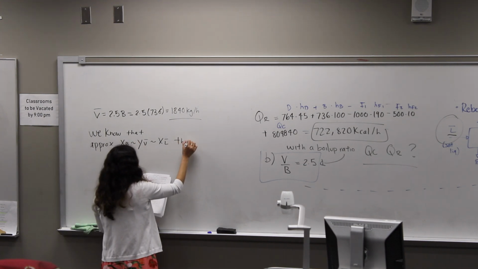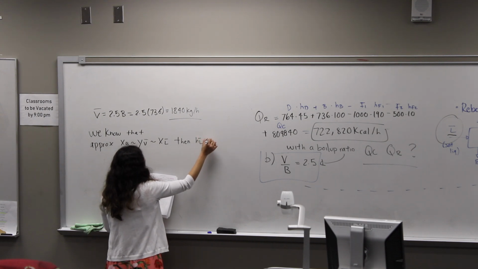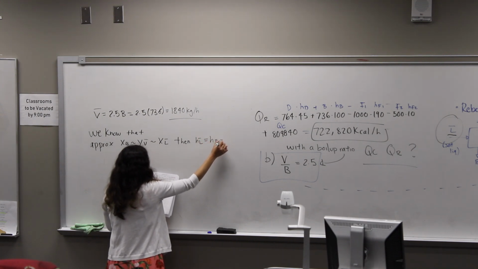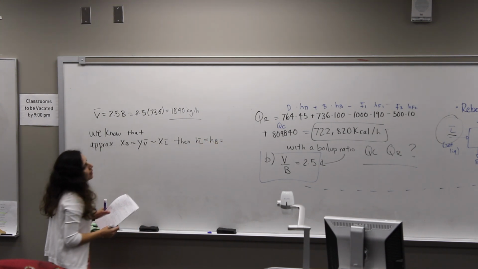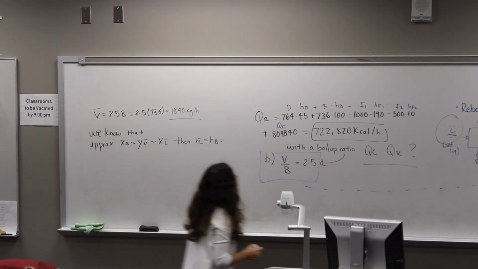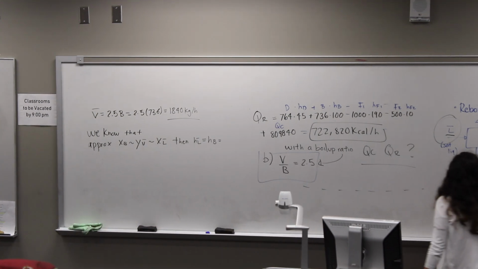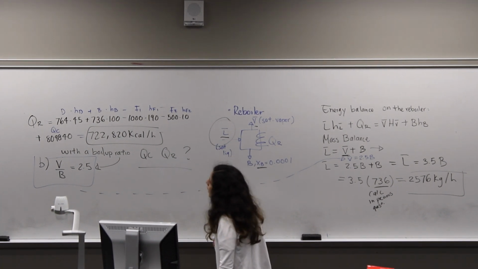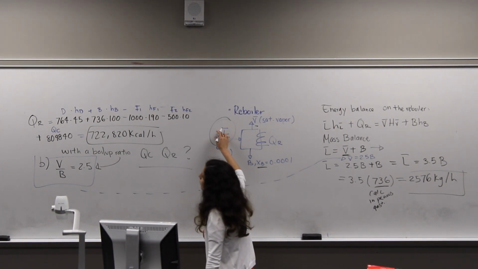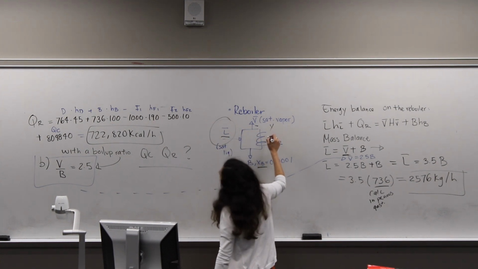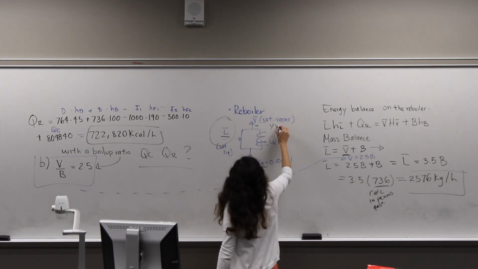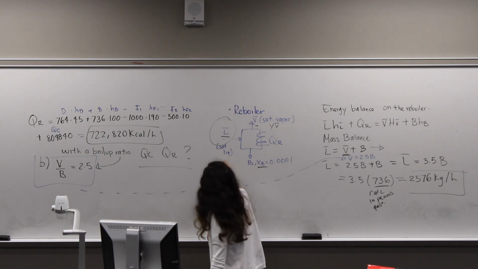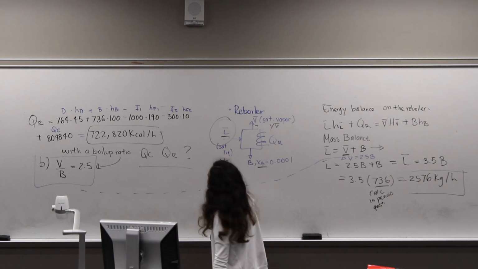So then we can know the enthalpies by relating them to one another. So here is B, this is going to be the vapor fraction, and this is going to be the liquid fraction.